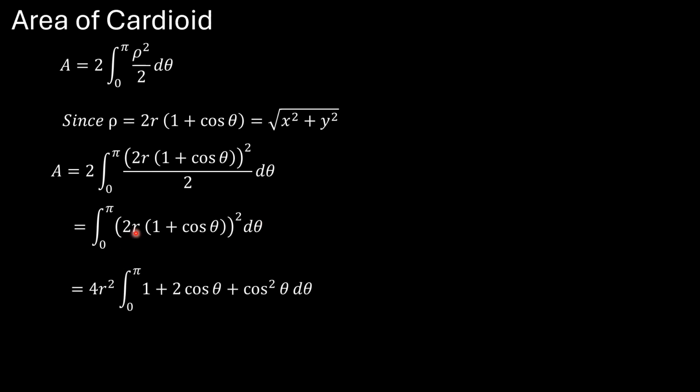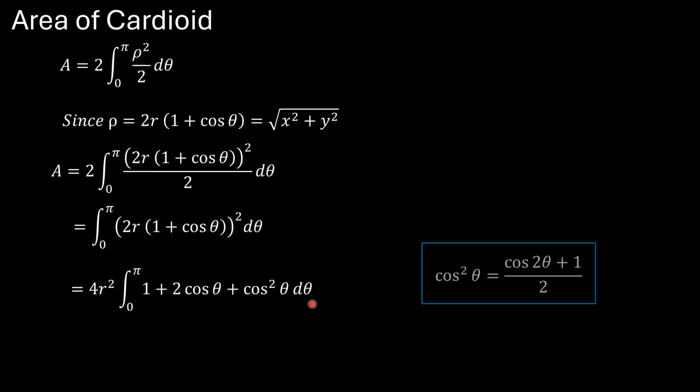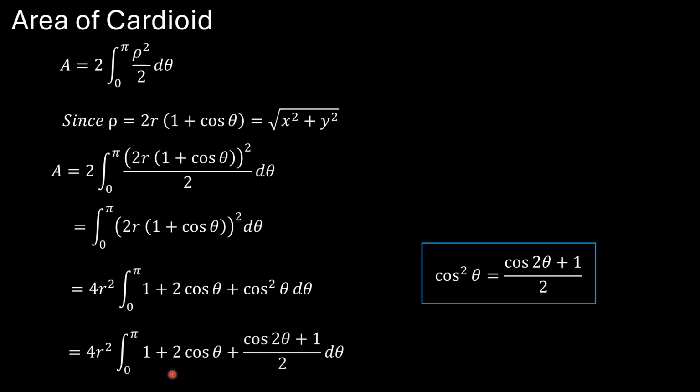We can pull out the 2r squared, which is 4r squared, and so we have 1 plus 2 cosine theta plus cos squared theta. And since cos squared theta is the same as cosine of 2 theta plus 1 over 2, we can substitute that back in there. So we have 4r squared times the integral from 0 to pi of 1 plus 2 cosine theta plus cosine 2 theta plus 1 all over 2.